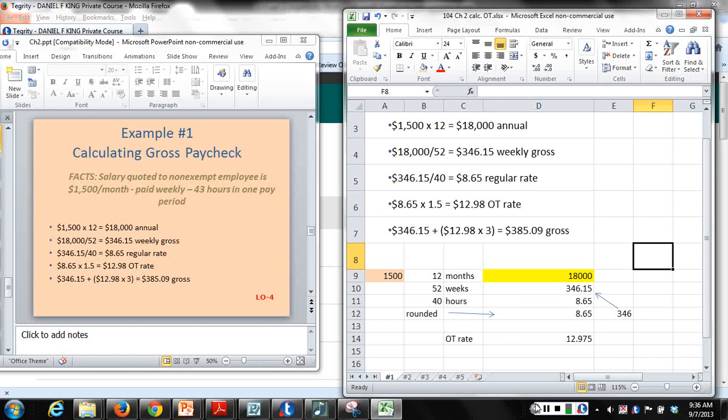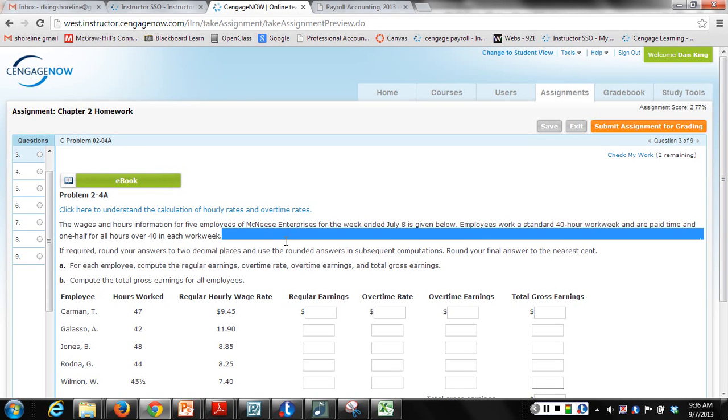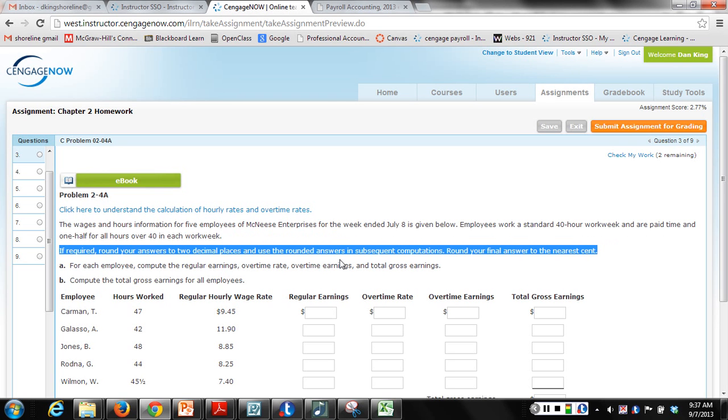So keep that in mind, and you'll be less frustrated with all these calculations, and you'll be able to use Excel to your advantage. Okay, to illustrate how this affects your homework and your test and quiz questions, I opened up a Cengage Now problem in Chapter 2. We're going to be computing some overtime and gross earnings in many different situations, as we'll see. But see right up here, if required, round your answer to 2 decimal places and use the rounded answer in subsequent computations. So you have to be very aware of it. It's the number one issue you need to be concerned about, because it brings in more frustration than anything else.